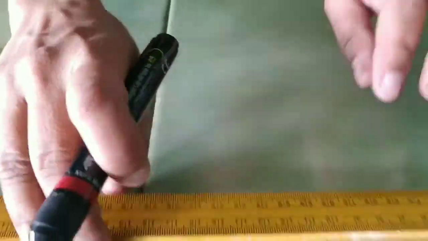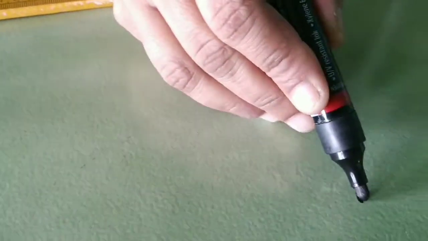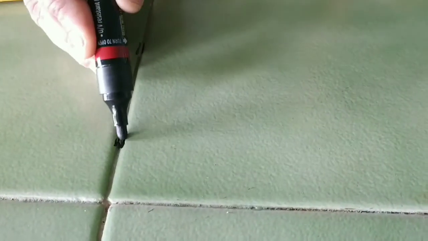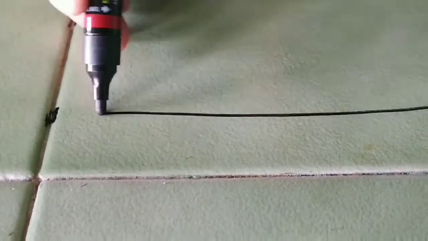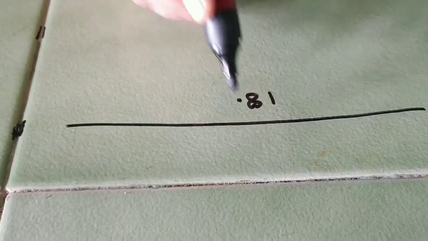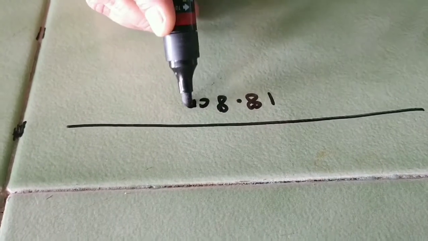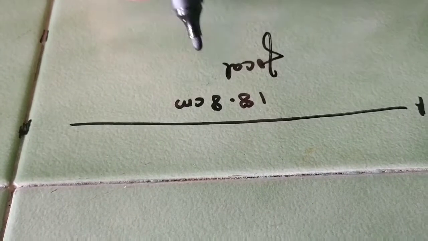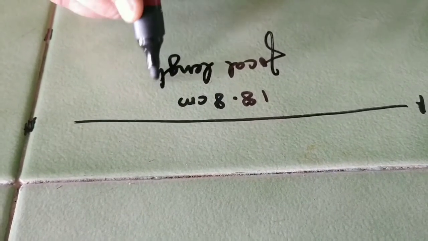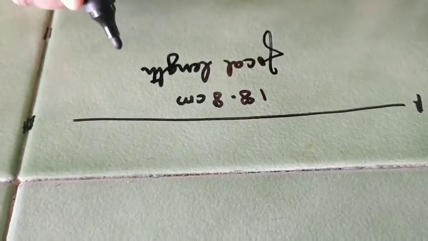So that is the distance from the screen to the middle portion of our lens. That distance comes to 18.8 centimeter. This distance we call the focal length of this convex lens.